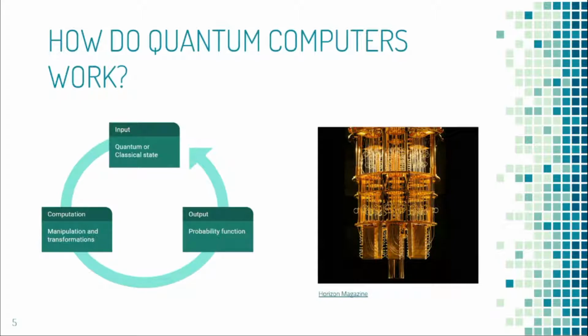And those ultimately affect the probability of whether the qubit is a 1 or a 0 at any given time. And then the output is a probabilistic function of how likely it is that the qubit is a 1 or a 0. And so this is all achieved using the quantum versions of classical logic components, such as quantum gates and registers.